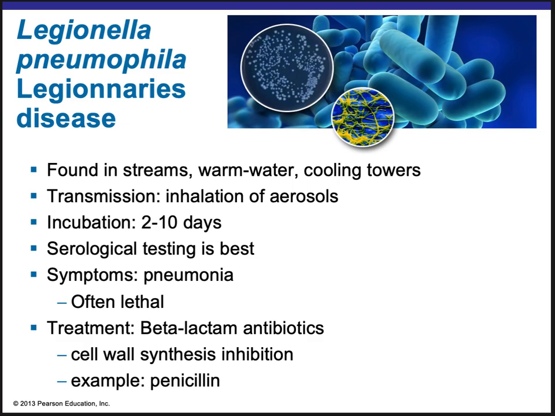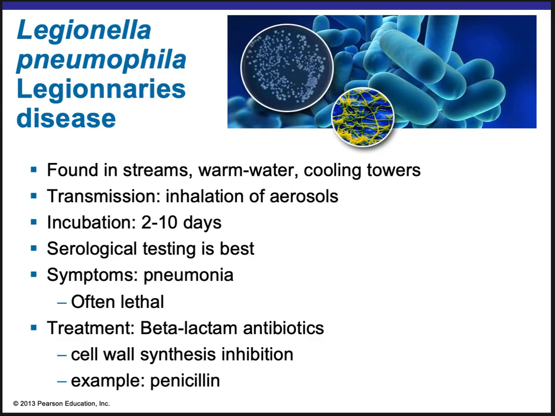It's best to do serological testing. So you take samples from the patient and you test it with antibodies. So serology is the interaction of antibodies and antigens, which is great because it's very, very specific. And it'll tell you if they have that specific disease or not. We can treat it with beta-lactam antibiotics, which you probably have heard of penicillin, right?